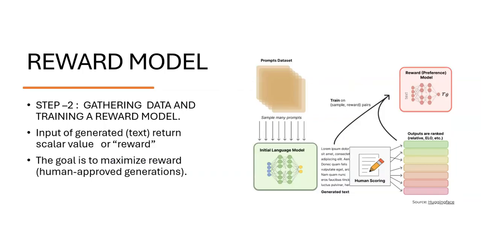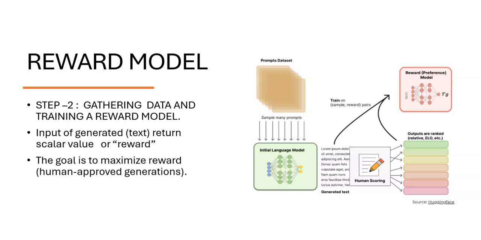Next, in the second step, we said we have to gather data and build a reward model. So what is a reward model? The reward model is the fundamental model that we usually use in the reinforcement learning process. If you remember, in reinforcement learning there are mainly the agent, environment, reward, as well as action.